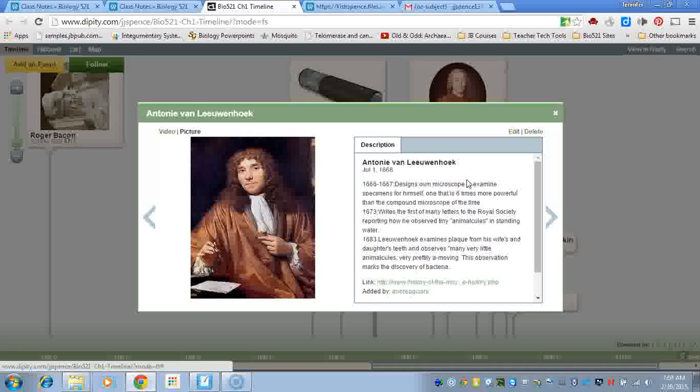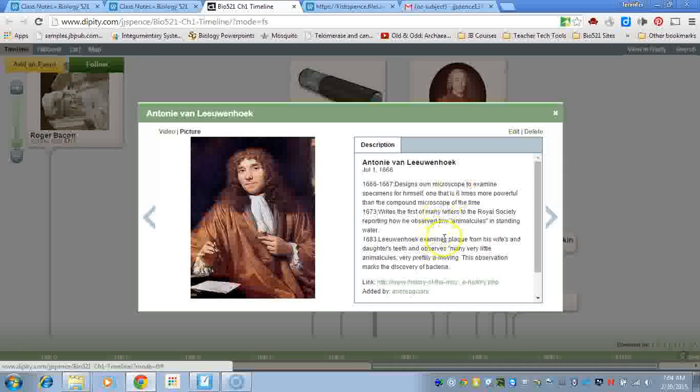He's known as the father of microscopy because, through looking at and observing things in the microscopes and making them more powerful, he was able to bring the microscopic world to the knowledge of the people. Until then, people really didn't realize that there were living things that we just couldn't see with our eyes.